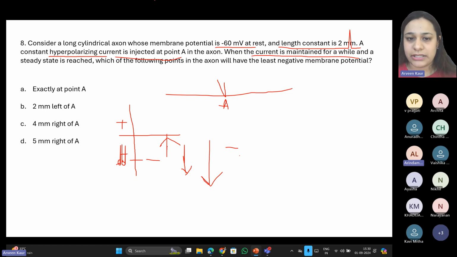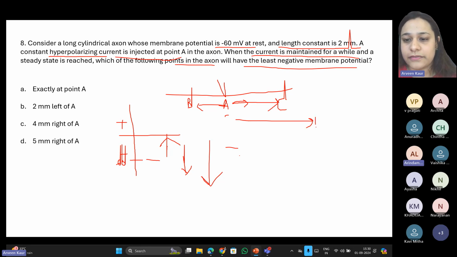At this point, which point in the axon will have the least negative membrane potential? Exactly at point A, or 2 millimeter left of it, let us say point B, or 4 millimeter right of it, point C, or 5 millimeter right of it, point D?